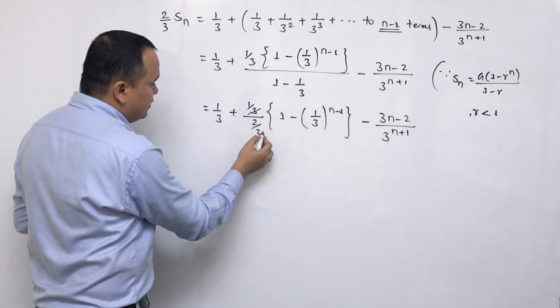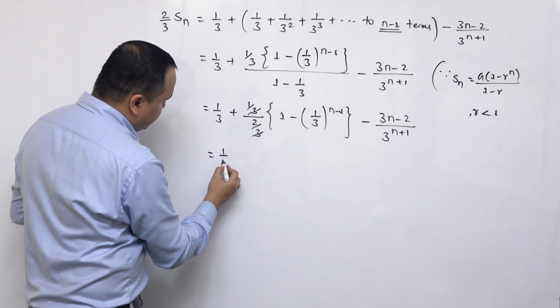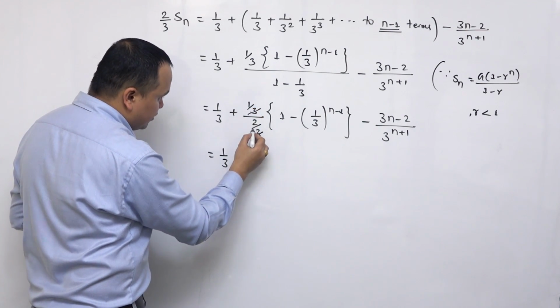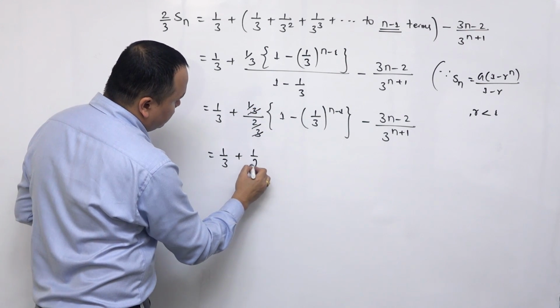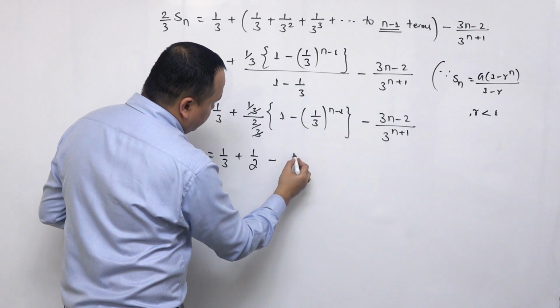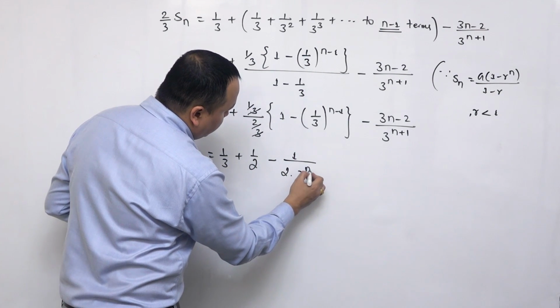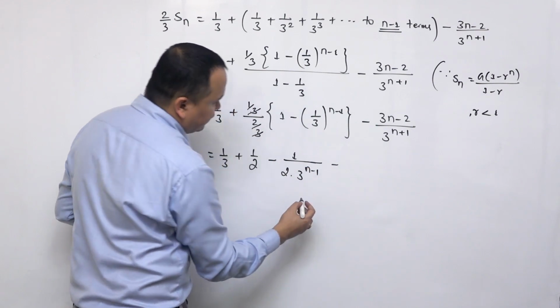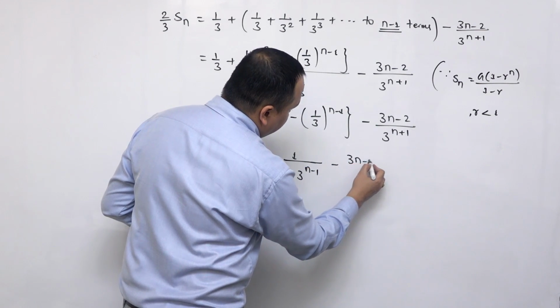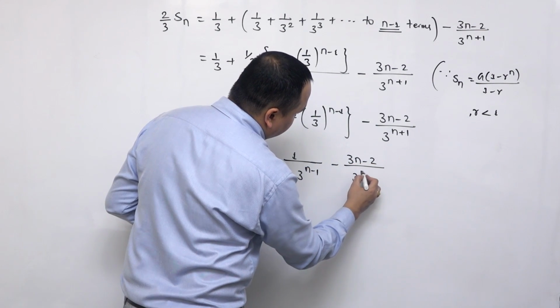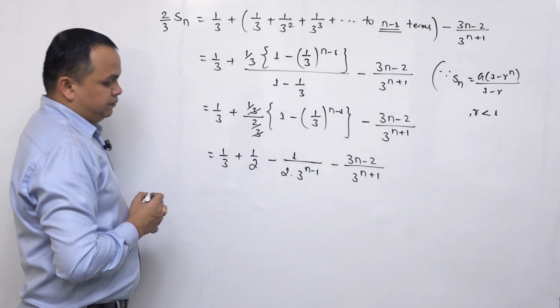Here 3 cancel: 1/3 plus 1/2 into 1 minus 1/2 into 3 to the power n minus 1, minus (3n minus 2) upon 3 to the power n plus 1.